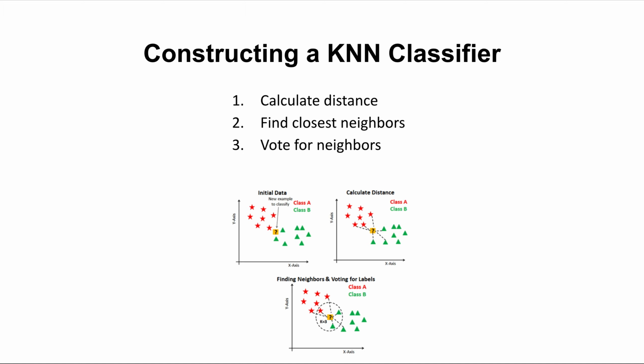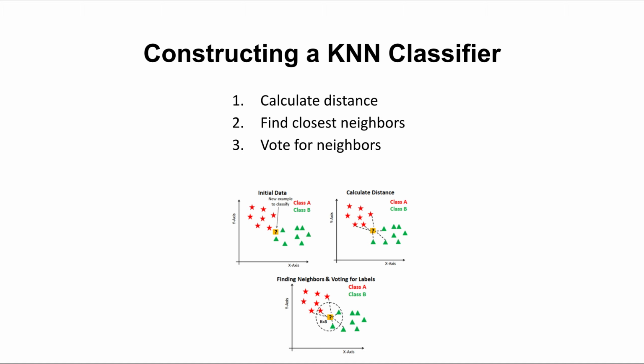When you calculate the distance, you're going to look at all your training examples, and you're going to look at the examples that are nearest to the one that you've selected. So in other words, you take a new example you want to classify. You then take that example, you look at all the surrounding neighbors, and you calculate the distance to each of those neighbors. You find the few of the neighbors that are the closest, right?